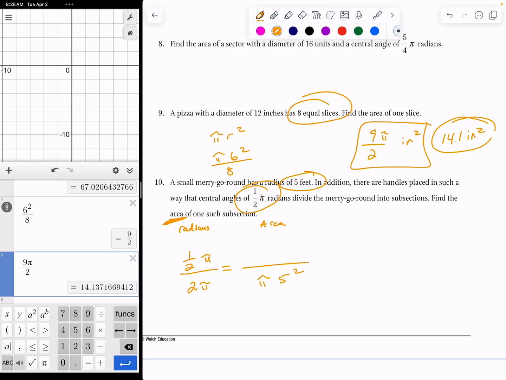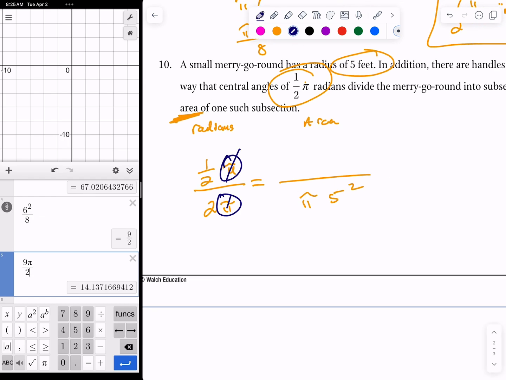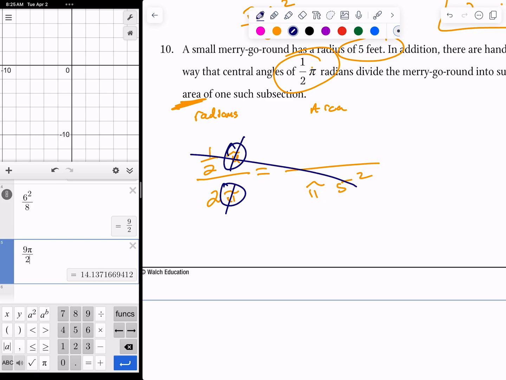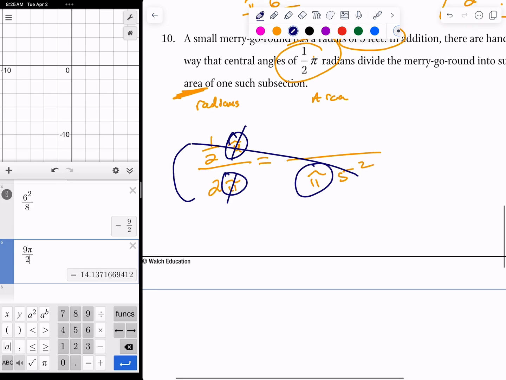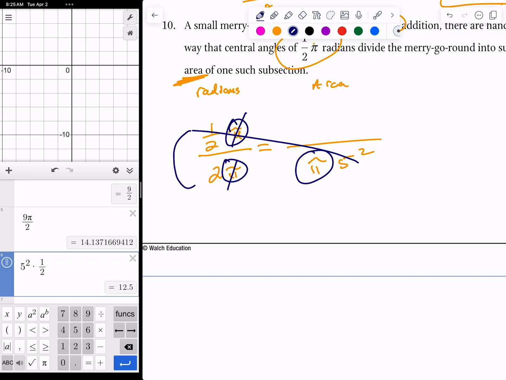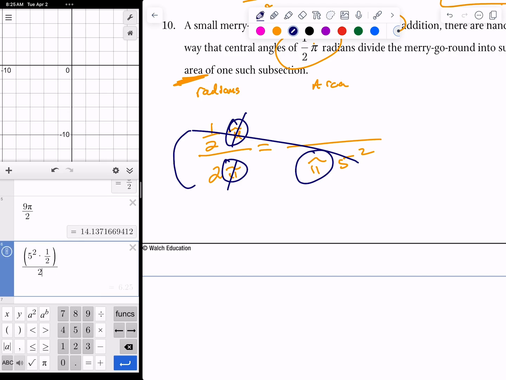So pi 5 squared. Let's leave it in terms of pi, and then we'll do the rounded decimal. These cancel. Now multiply, but we're going to leave it in terms of pi, so I'm going to leave that pi off. 5 squared times 1/2 divided by 2.